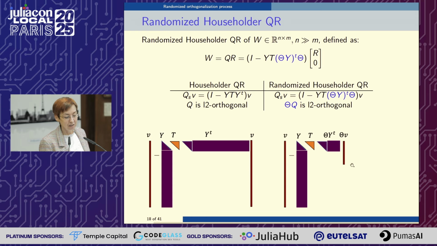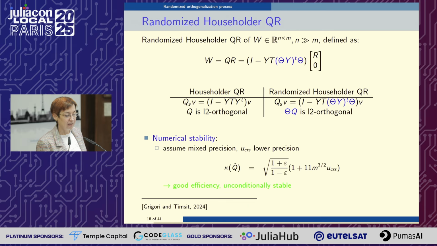And again, once I have the sketch and I'm in lower dimension, we can increase the precision again. But whenever I'm going to perform operations in high dimension, I can use FP16 or FP32. And in terms of numerical stability, we obtain also that this randomized version brings an algorithm which is unconditionally stable.